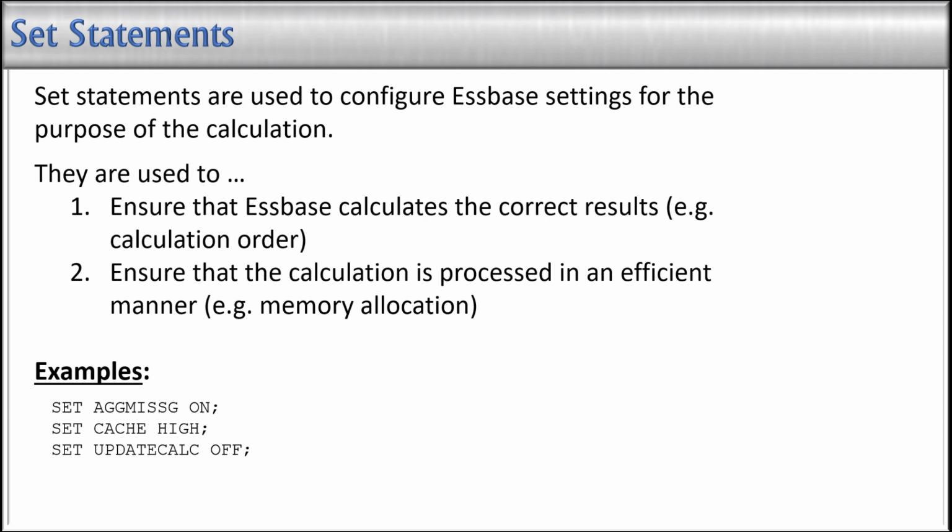One very important thing to notice is that each of the set statements ends with a semicolon. And that's true for assignment statements and other types of statements within the business rule or Essbase language. Every single line that's an assignment statement or a set statement should end with a semicolon.